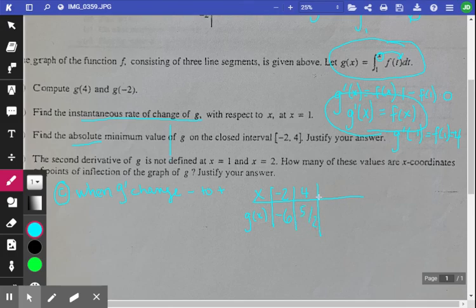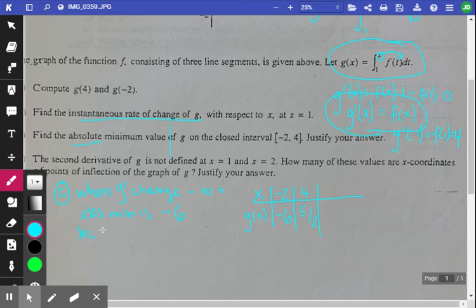So the question asks, find the absolute min. So the absolute min is -6. Remember, it's the y value, not the x value. Because blah, blah, blah.